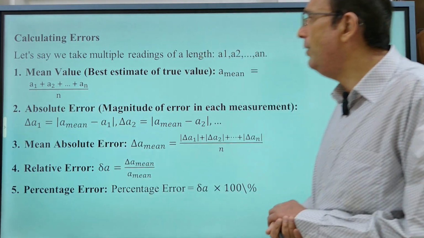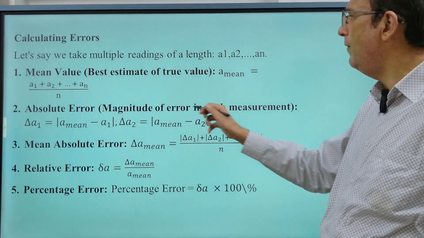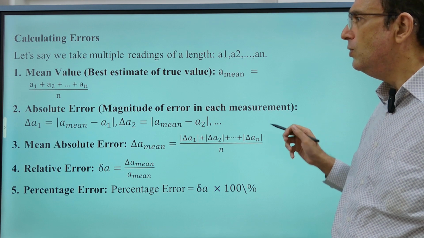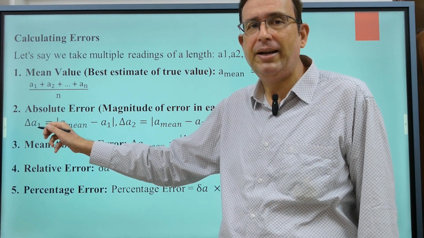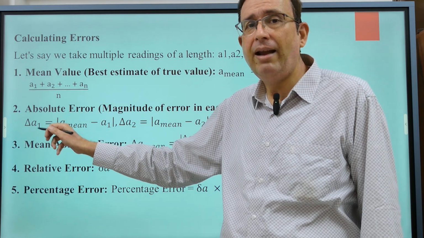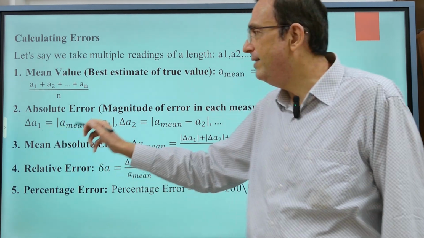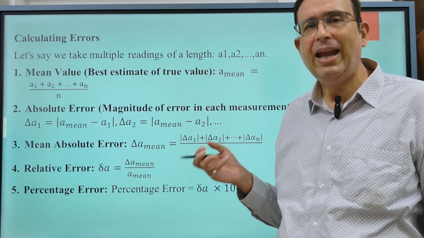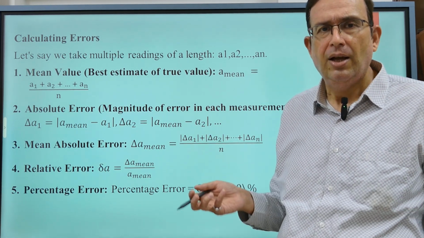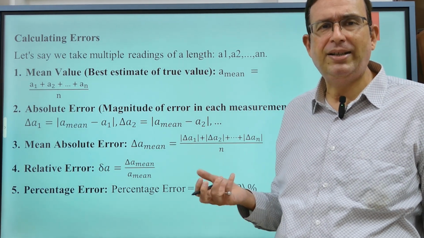Then what about absolute error? That is the magnitude of error in each measurement. For example, delta A1, the error in the first measurement, is the modulus of A mean minus A1. Whatever mean you get, you subtract A1 from it and take the modulus, just the positive value.